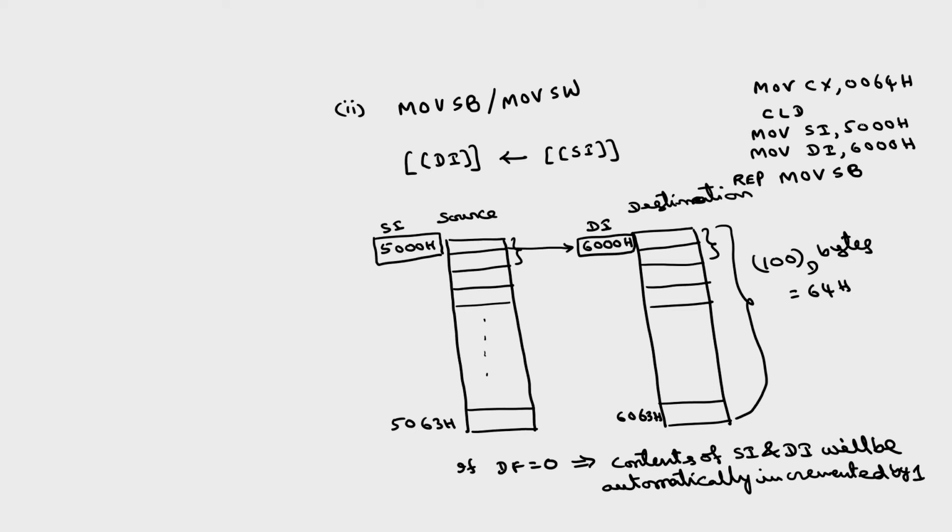This will transfer the same way if the direction flag is cleared to 0. The difference is that the contents of SI and DI will be incremented by 2 here. In case of string word, this will be by 2. In case of string byte, this will be by 1. So the first word will be transferred, and the second word will be at 5002H and 6002H. This is the first word, and the second word will be 5002 and 5003H.